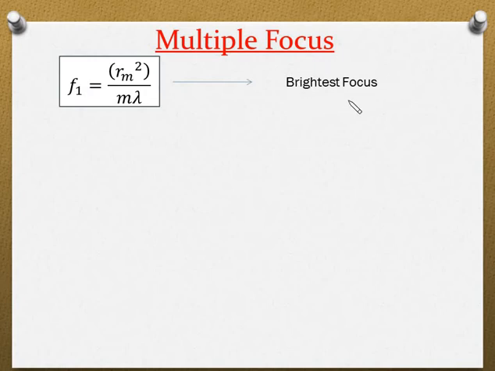There will be other points, which are foci of this zone plate with diminishing intensity, and they will be f1 by 3, f1 by 5. And let's first understand why these points appear and why the intensity is diminishing.